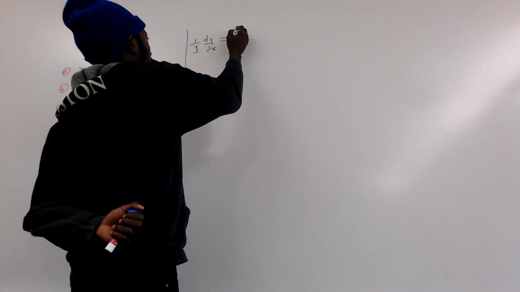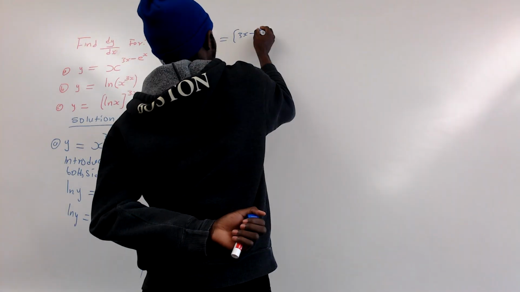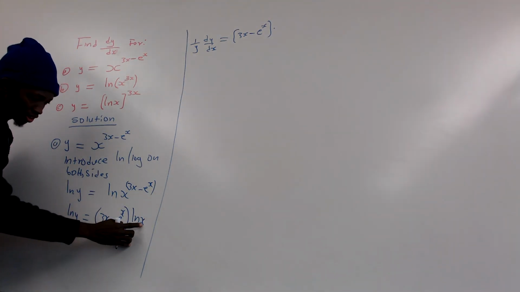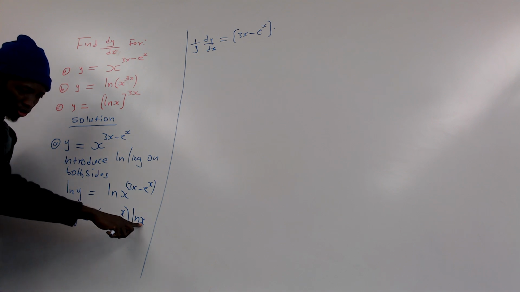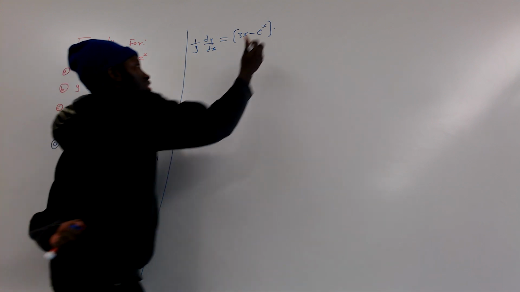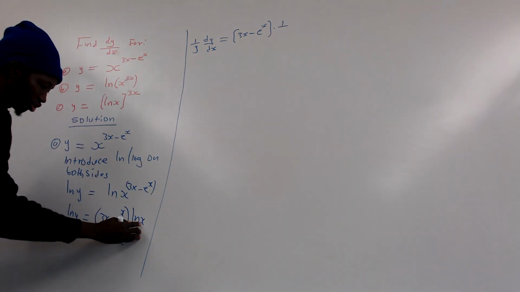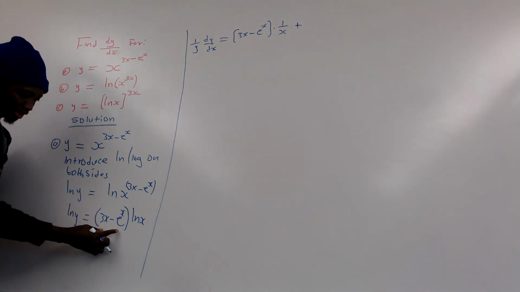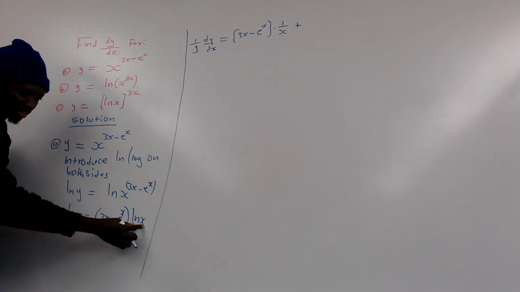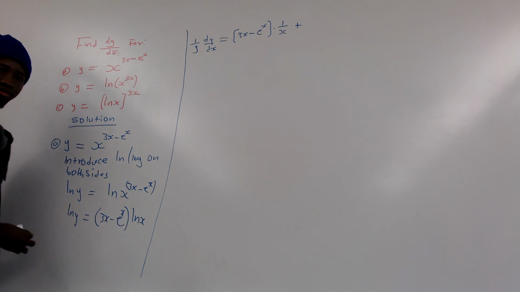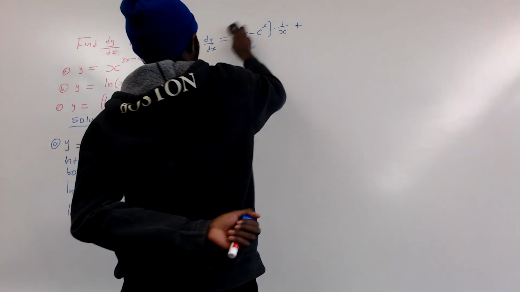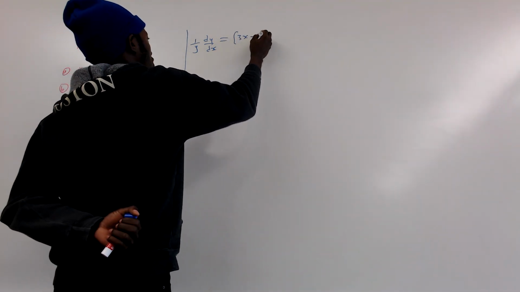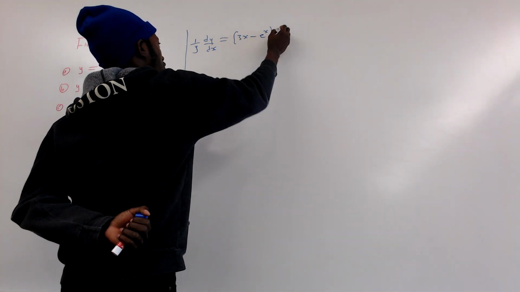So with the bracket 3x minus e raised to the power x kept constant, we differentiate ln x. We always differentiate the function given. The function here is x, its derivative is 1, and we rewrite it over x, which is 1 upon x.